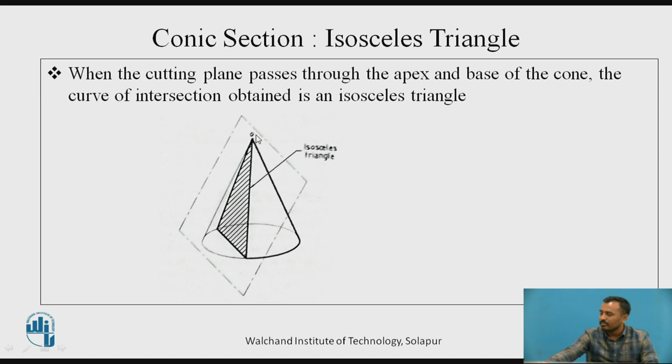When the cutting plane passes through the vertex and is parallel to the axis, viewing the cone from the side, we see the section as an isosceles triangle.